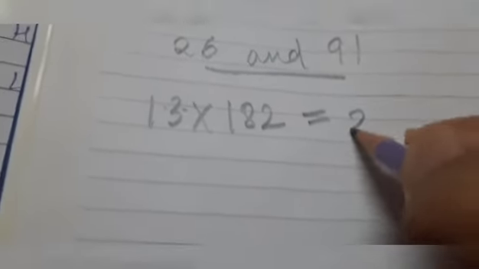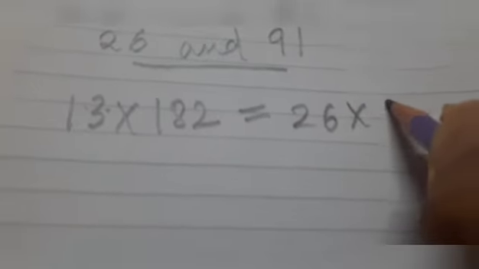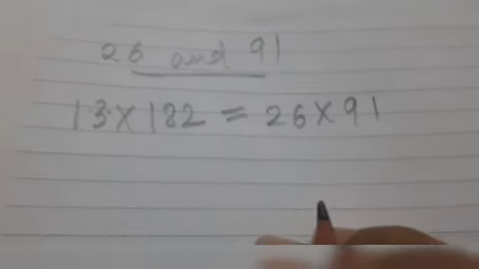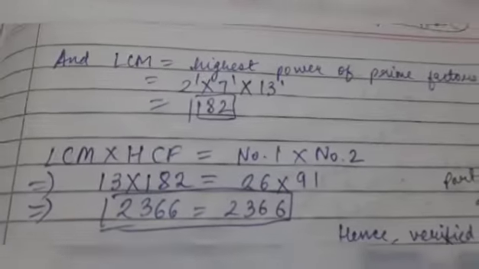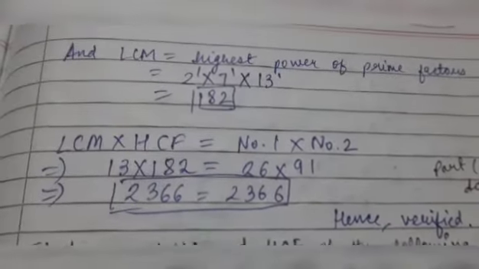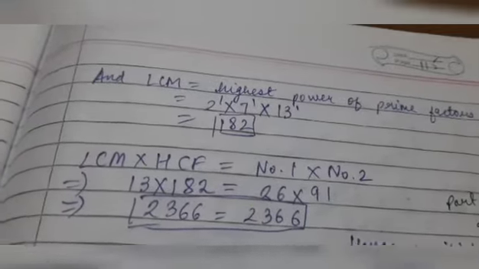That is equal to number 1, which is given to us as 26, and number 2, which is 91. If you multiply, you will be getting 2366, that is equal to 2366, and hence we have verified this. You can see the solution. Similarly, you can solve the other two parts on your own. Those two parts are going to be your homework.